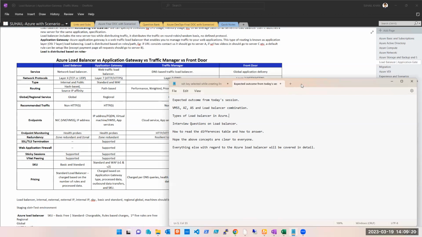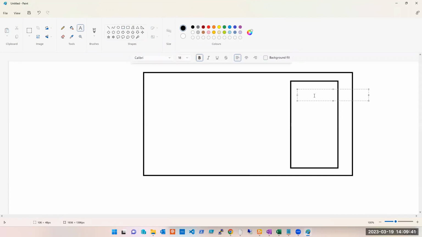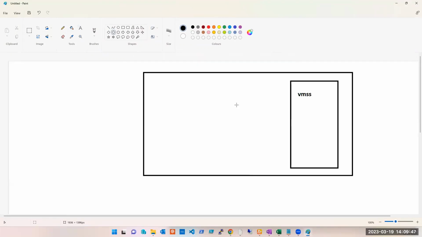Okay, can someone tell me before I move ahead to the next one, are we missing something here? If we learn load balancing, let me draw it for you guys. Let's say this is my application. This is my virtual machine scale set or availability zone or availability set, whatever you want to consider. Let's say this is my VMSS. Under the VMSS, I have multiple machines, and here I have my load balancer.